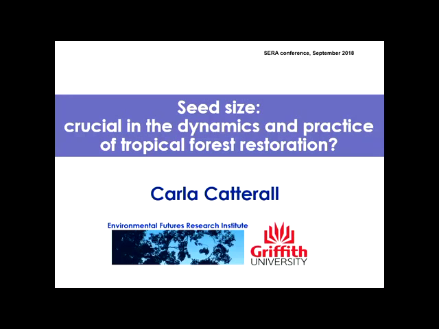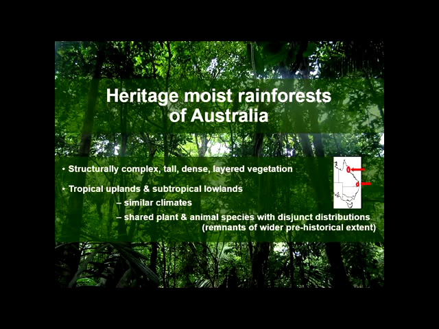Okay, well, I'm going to touch on some of the themes already addressed, in a slightly different way, because I'm going to focus my talk within a specific kind of ecosystem within Australia, and that's what I'm calling the heritage moist rainforests.